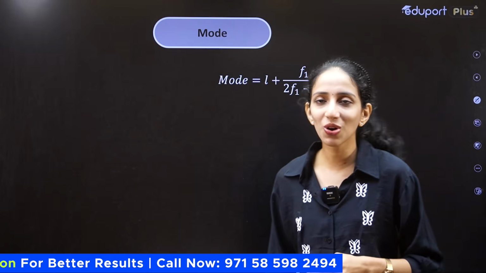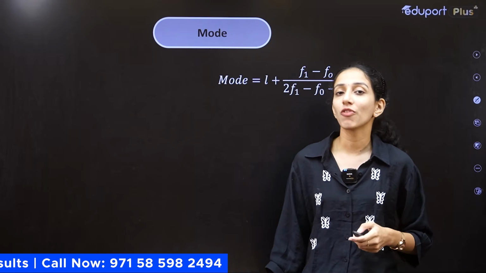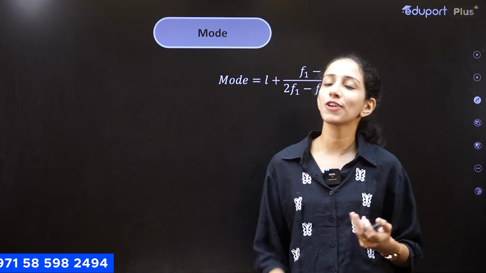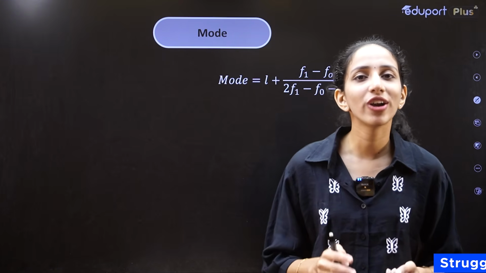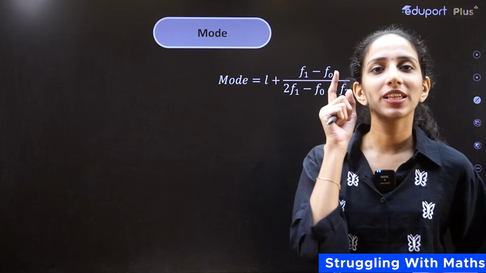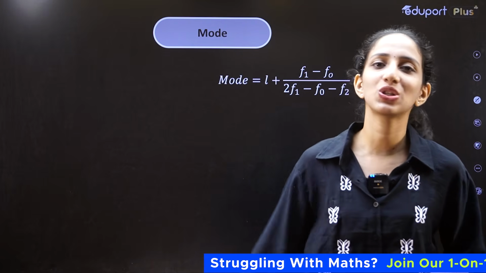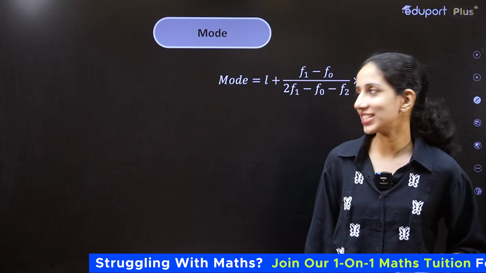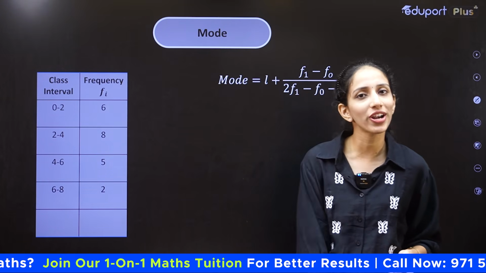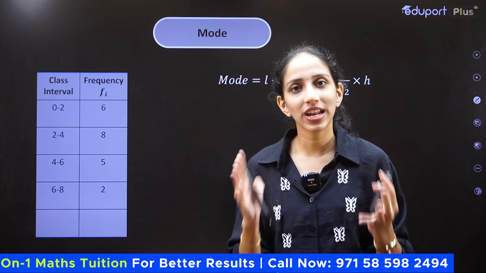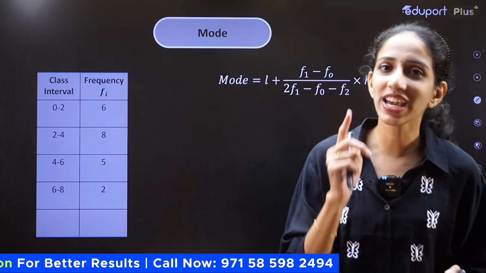While we were learning the median, you became familiar with the median class, right? Here we have the modal class. If you identify the modal class, then it is very easy to find the mode of the data. So we are going to find the modal class. Modal class is actually very easy: the class which has the highest frequency.